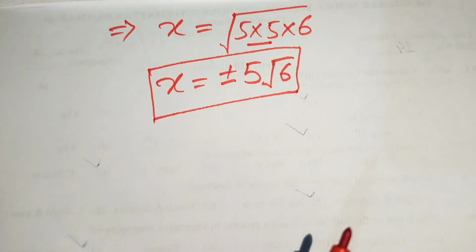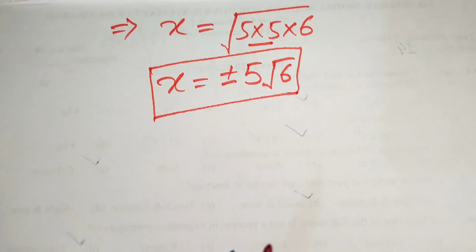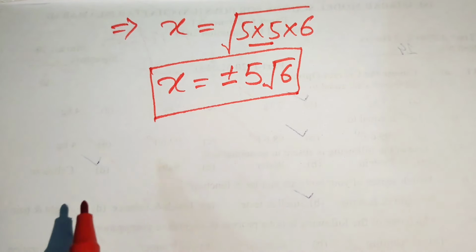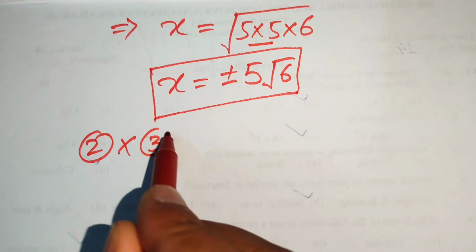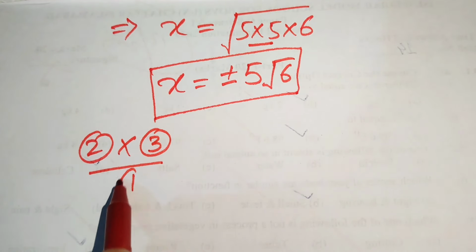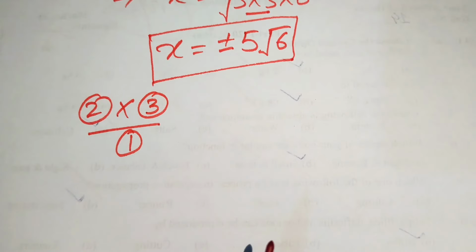Okay, so now further we need to find the values of z. In order to find the values of z, we multiply equation number 2 by equation number 3, and we divide it by equation number 1. So now we do the same steps.